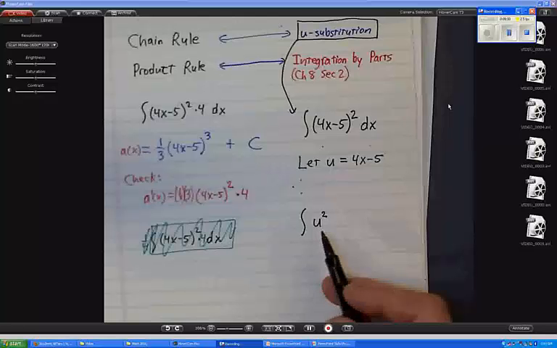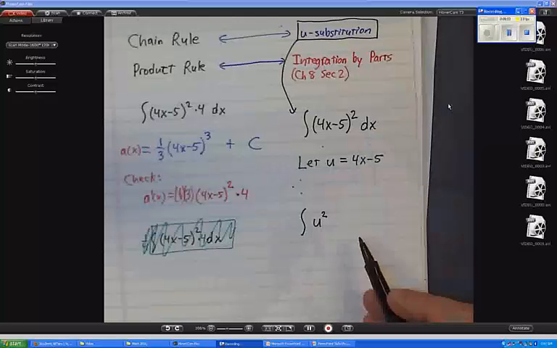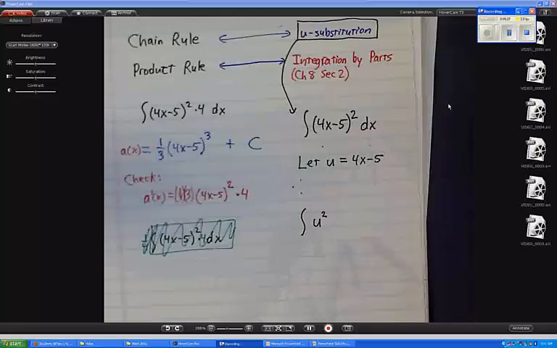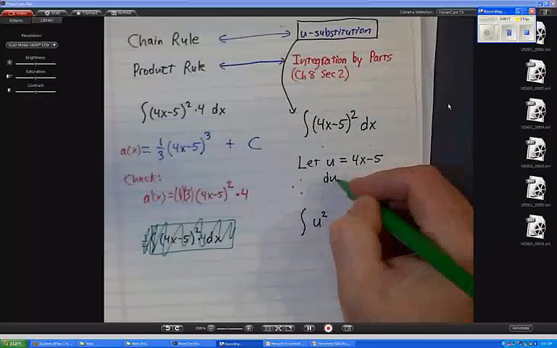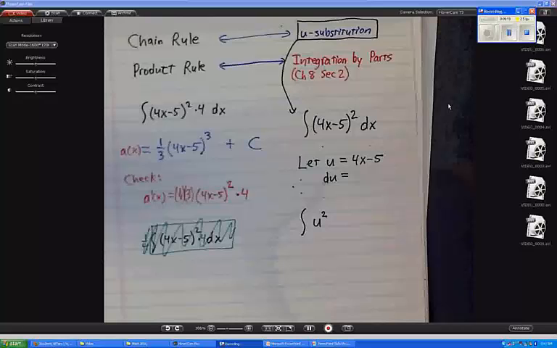That won't make sense. But I also can't just put du, not yet. I need to compute the differential du, and I do that here. du is equal to, do you know what it equals? 4 dx.